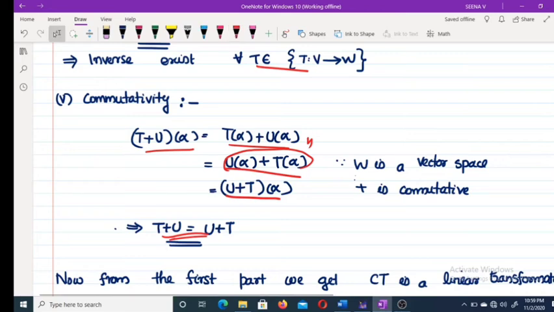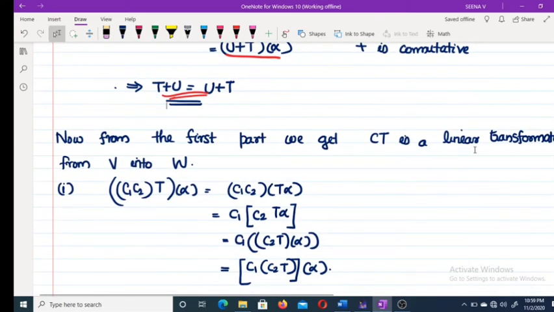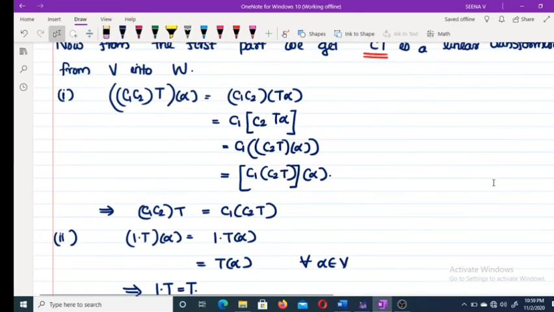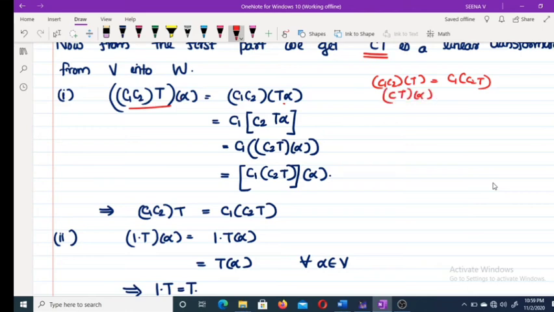Now we have to prove the conditions under scalar multiplication. Clearly cT is a linear transformation from our first part. Now we have to prove (c1 c2)T equals c1(c2 T), to prove this is a vector space. So (c1(c2 T))(alpha) equals c1 (c2 T)(alpha) by our definition, (cT)(alpha) equals c into T(alpha).